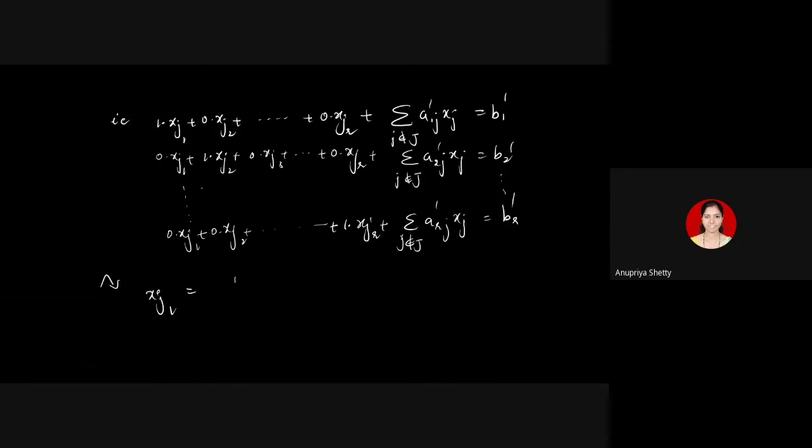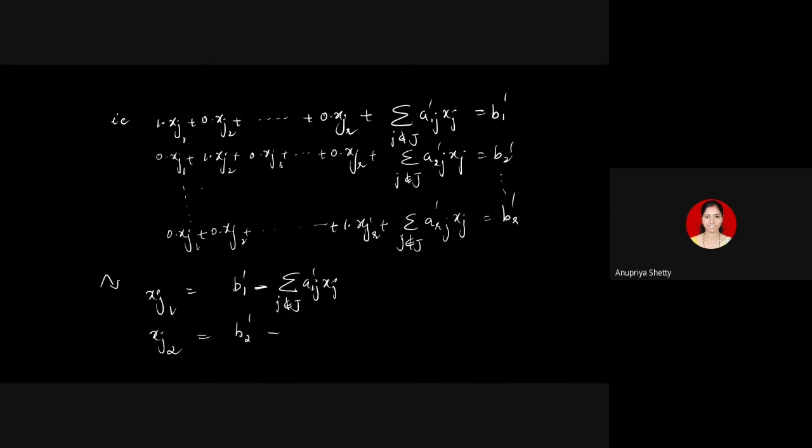What is xj1? b1 dash, that number is given to us, b1 dash minus, I'll take the summation to the right side, summation a1j dash xj, j is not in J. This gives us xj1, but you have to give arbitrary values to these xj's. What is xj2 from the second equation?